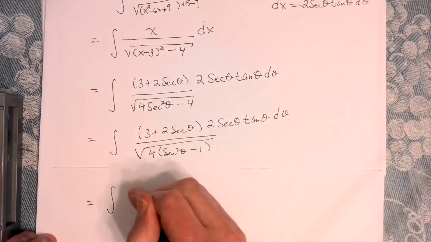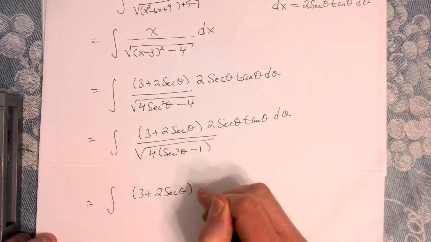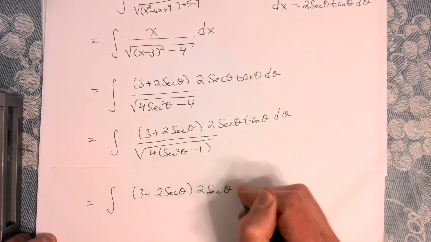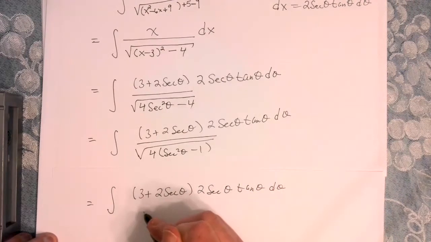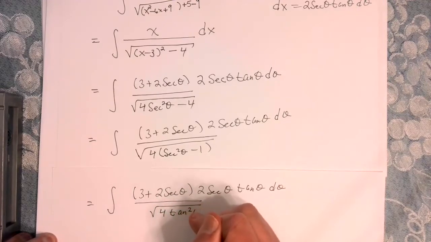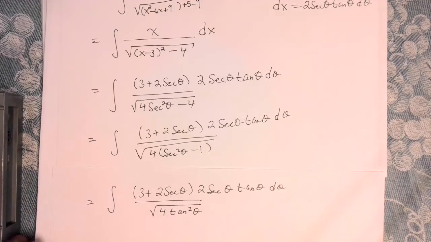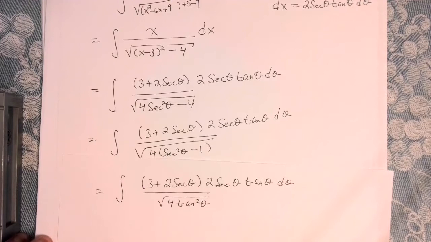So let's note that. We've got 3 plus 2 secant of theta times 2 secant of theta tangent of theta d theta. And in our radical, this collapsed pretty nicely. By Pythagorean identity, this is exactly this.